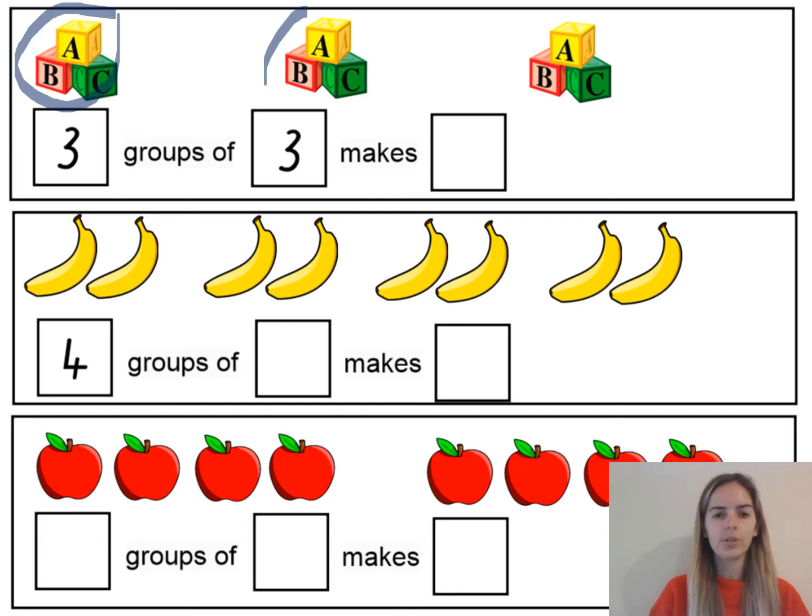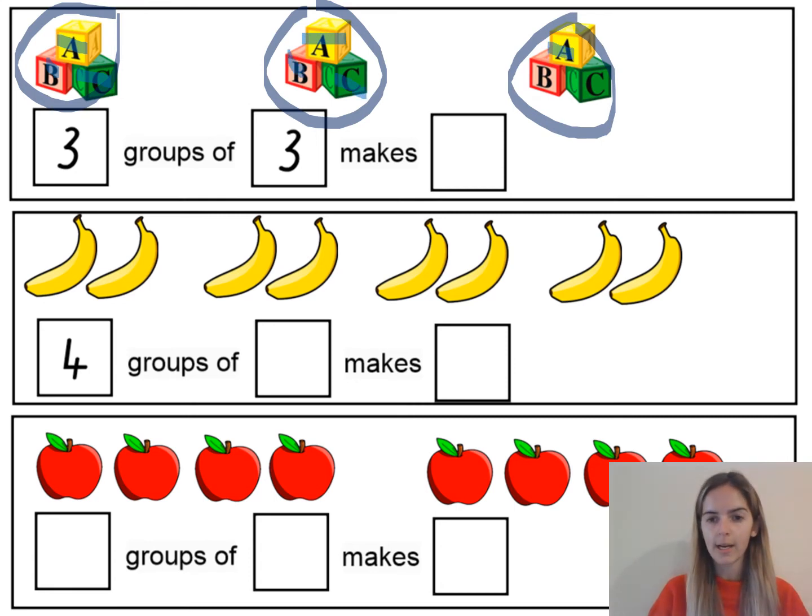1, 2, 3. There are my 3 groups, and in each group I have 1, 2, 3. In each group, I have 3 blocks, and they are equal because they are all the same amount.